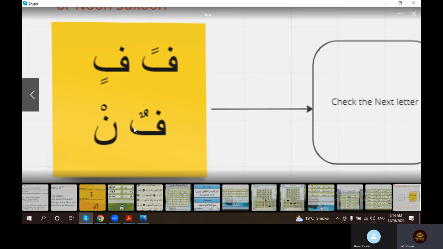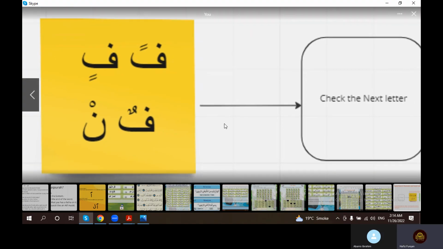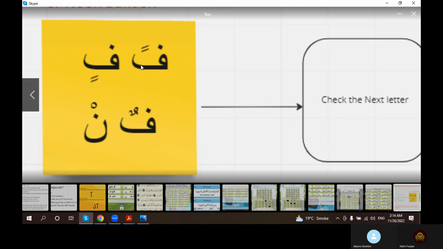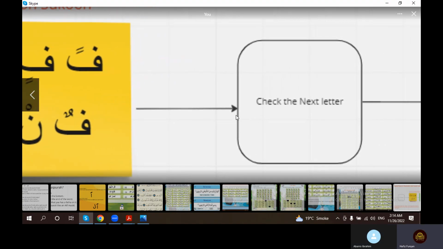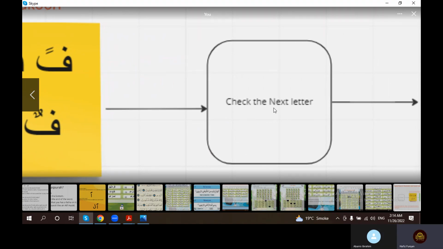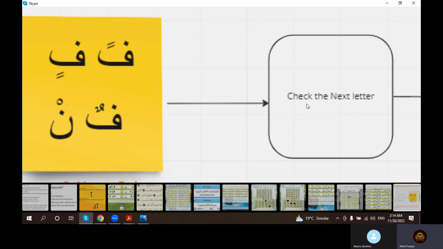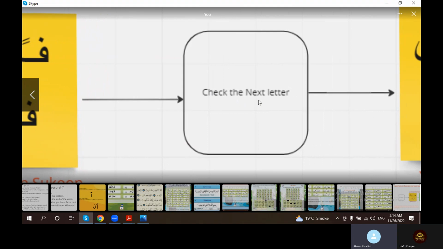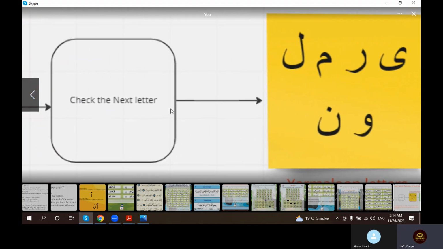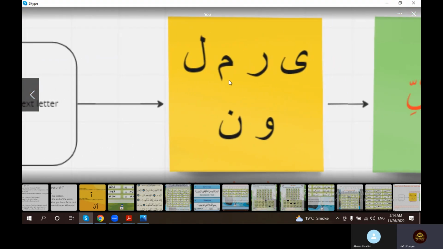When we have tanween or noon sukoon, you have to check the next letter. You have to check these letters.